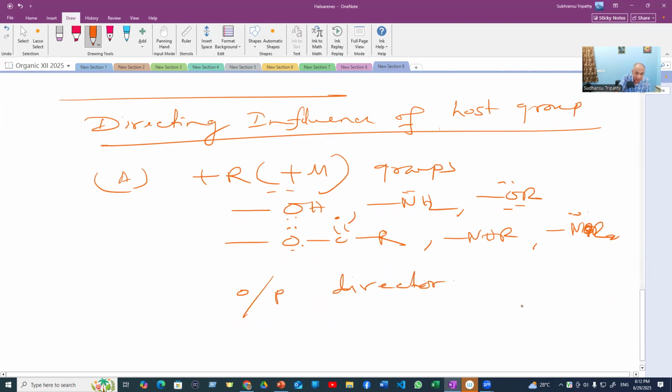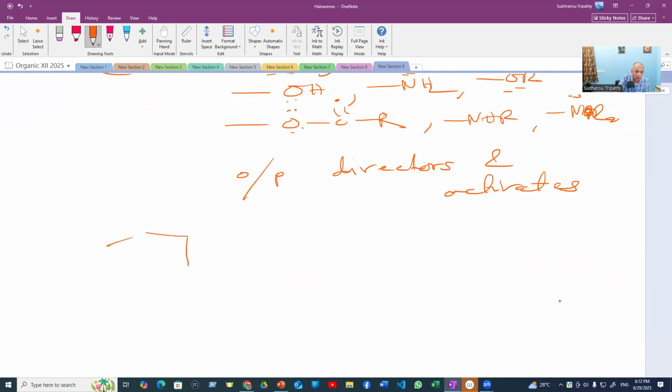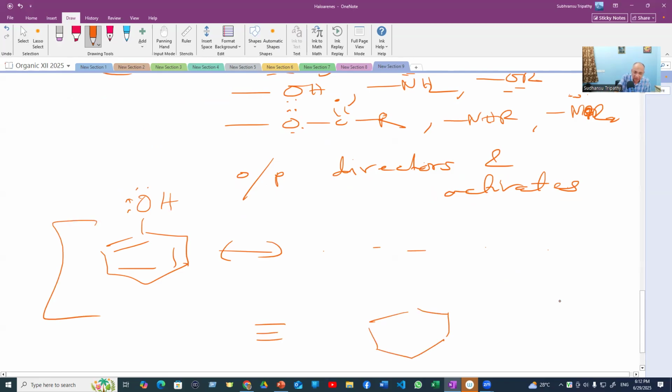They are activators. They not only direct the incoming electrophile to the ortho and para positions, but also enhance the ArAC rate. The reason: once a group like OH is there, if you draw the resonance structures, the four resonance structures, I am avoiding that here, you will find in the resonance hybrid you will be having minus delta, minus delta, minus delta at the ortho positions and para position.